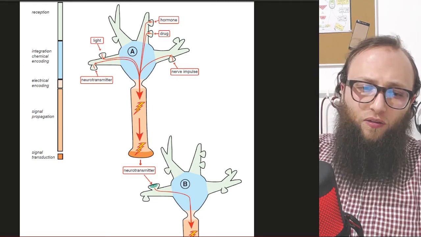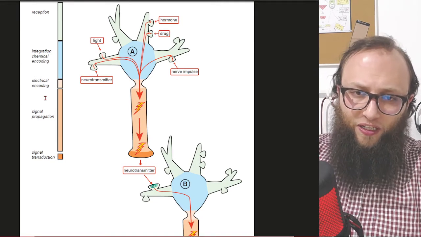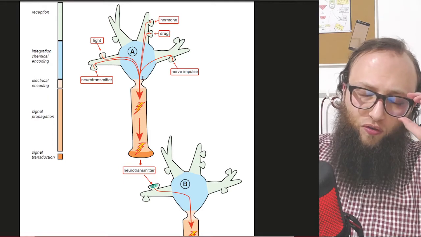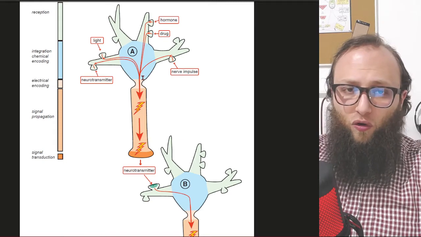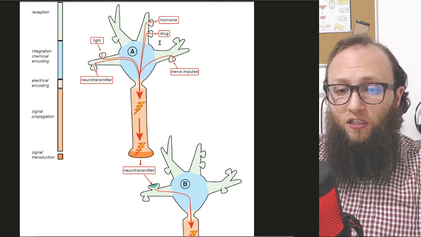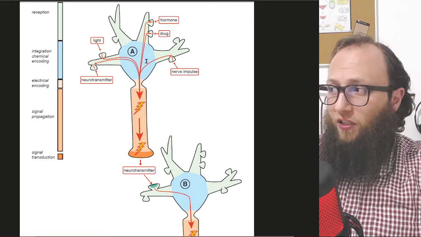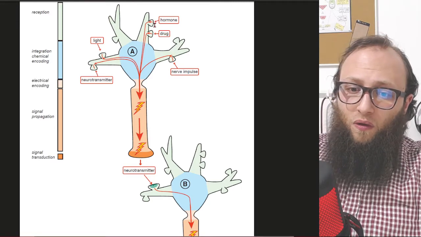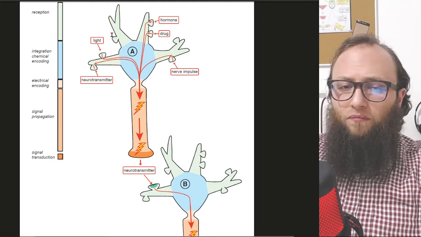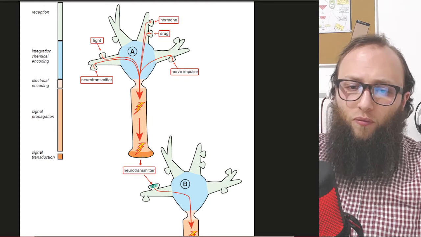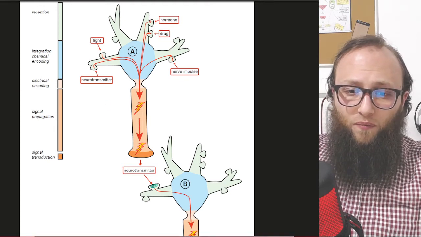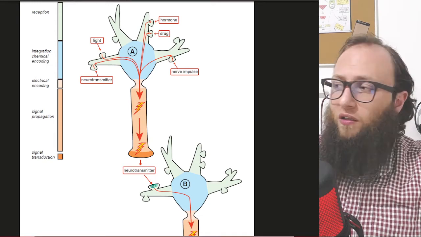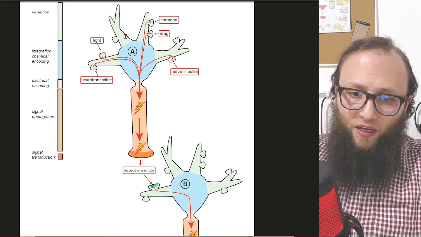Here we are talking about classical synaptic neurotransmission. In classical synaptic neurotransmission, as we call it, there is stimulation of the presynaptic neuron. We have more than one type of stimulus for the presynaptic neuron in the first place.